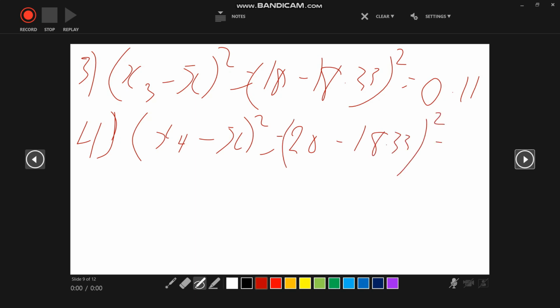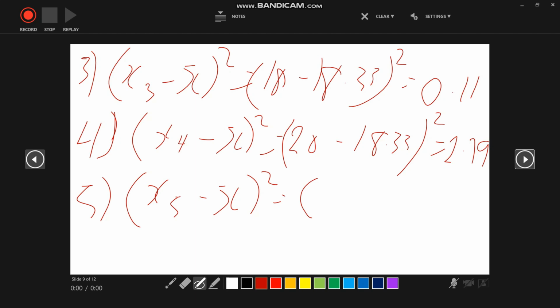Then you square it, and this will give us 2.79. And the fifth one is x5 minus x bar squared. Our x5 is 22 minus 18.33. Square it, and our answer will be 3.67.